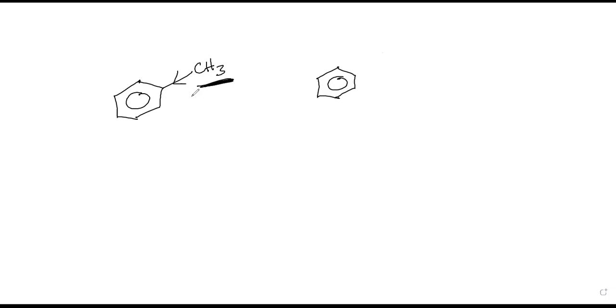So the reason here is simple: the methyl group donates electrons towards the benzene ring, hence increasing its electron density, making it more reactive towards electron deficient species, or what we call the electrophiles.